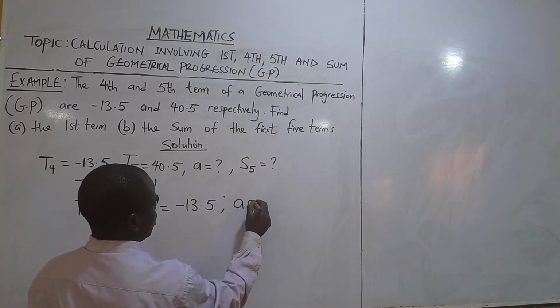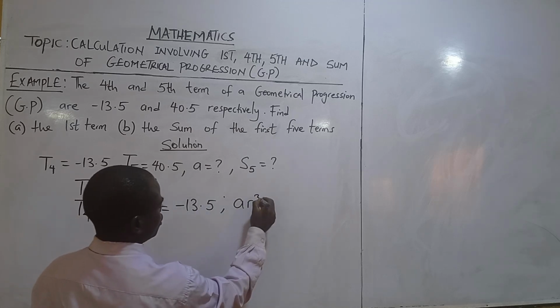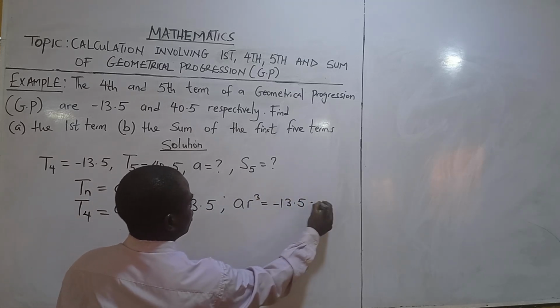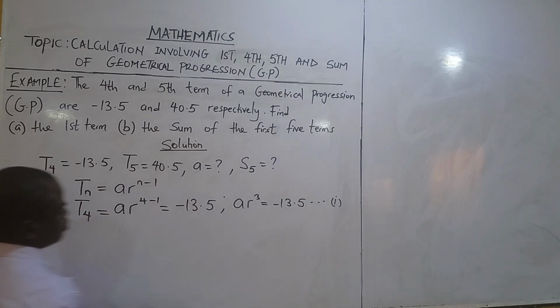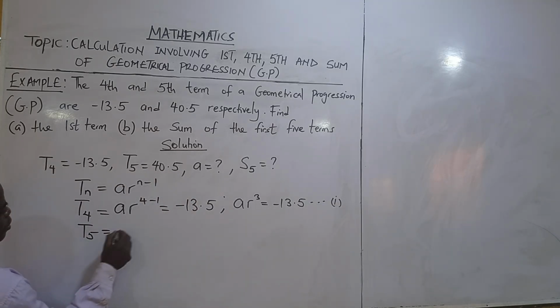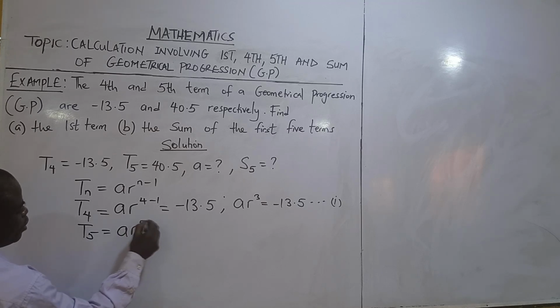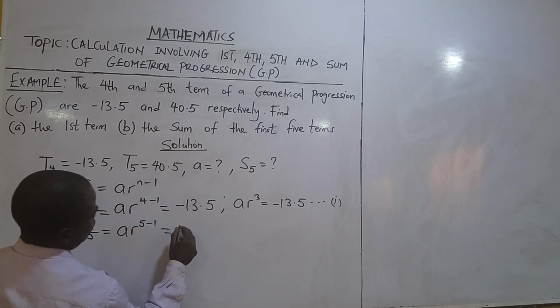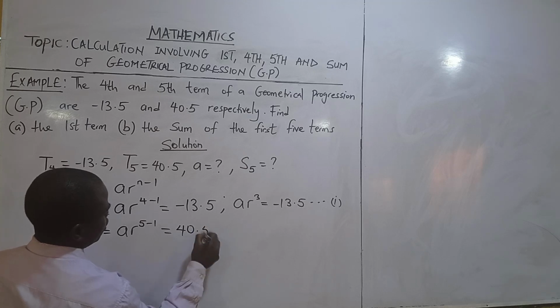You have a r cubed equals minus 13.5, equation 1. Now let's do that for T5. T5 equals a r raised to power 5 minus 1 equals 40.5.